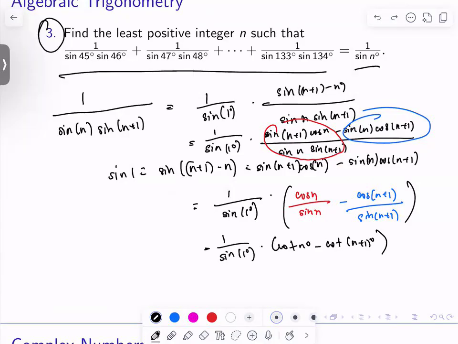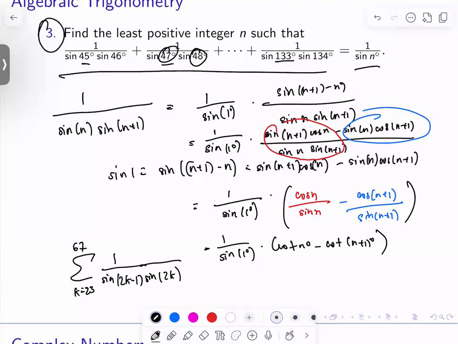So the actual question starts at 45 and ends at 133 for this value, which is n. That means that we can basically write the summation as k equal to 23 to 67 of 1 over sine 2k minus 1 times sine 2k, because it starts with an odd number, and then the next one is an even number, which is 1 more than that.